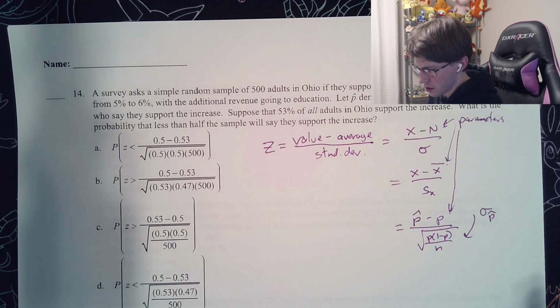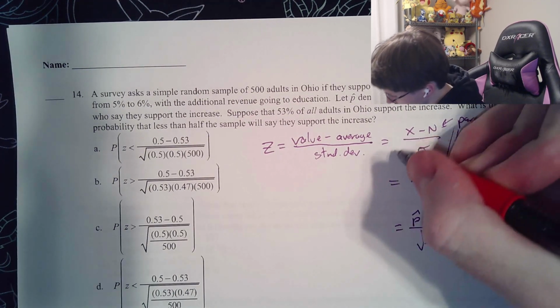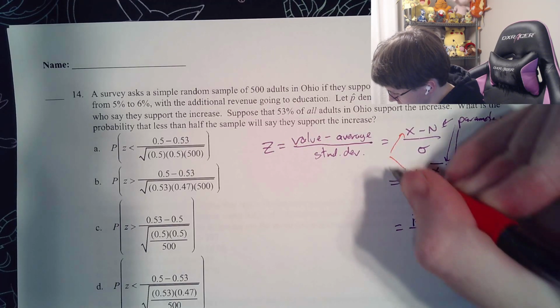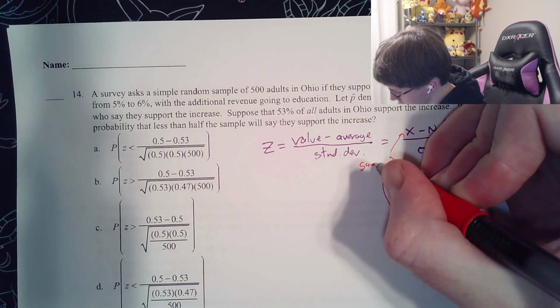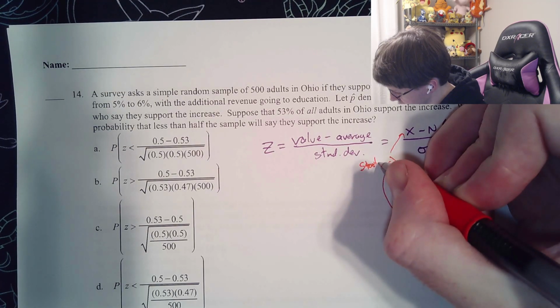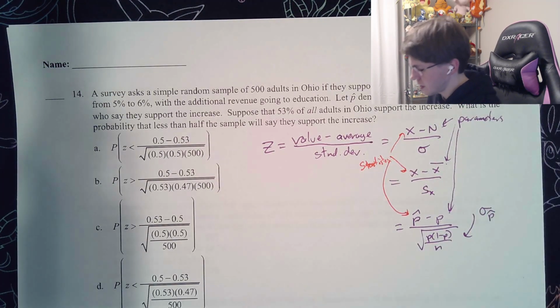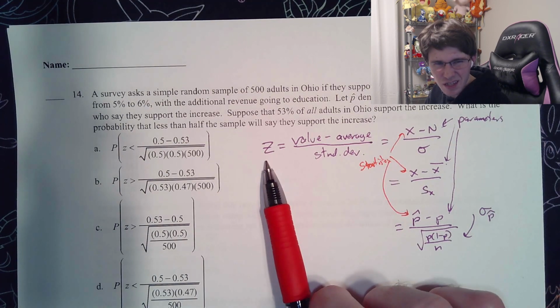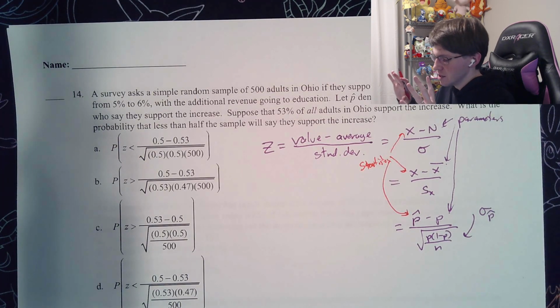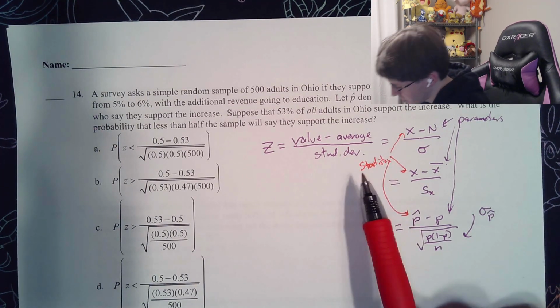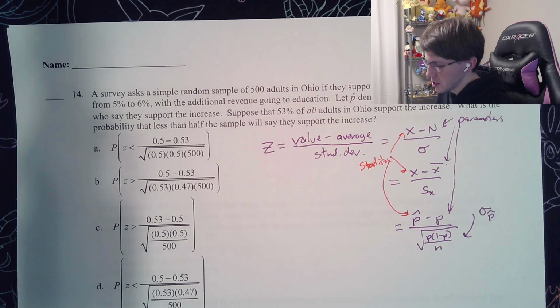Whereas this side, which I'll mark in red, and this one here all come from samples. These are all statistics. And by the way, they call this the z-test statistic later, so technically the entire thing becomes a statistic once you've done something to it, but we're just going to leave it like that. You can call them statistics, or you can say they're from the sample, just to know which side you're going on.